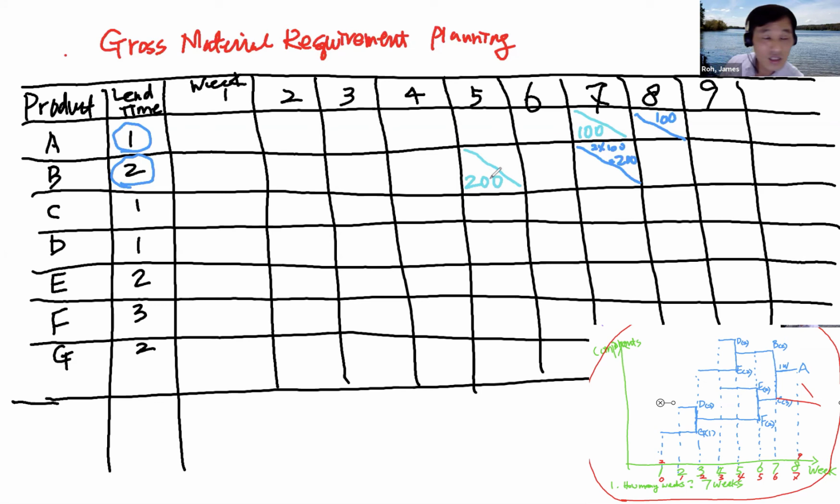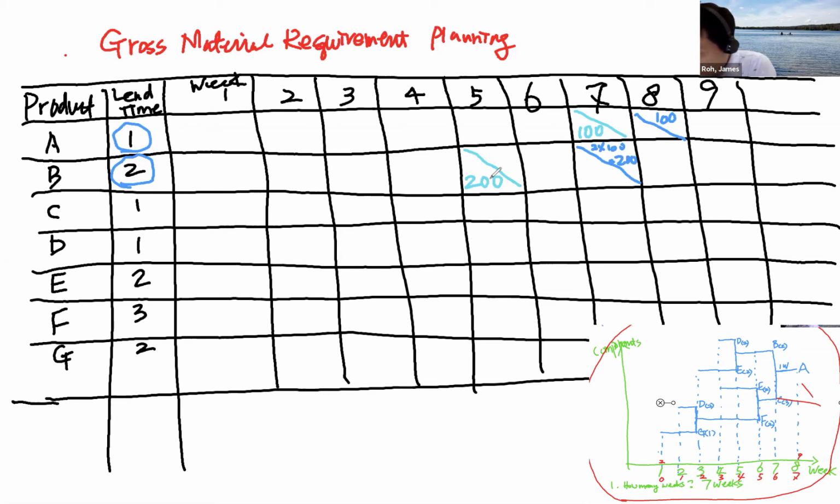And C, at the same time, if you look at the time phase product structure, C, you have to order it at week 7, and we know that it's going to be 3 units of that we need.